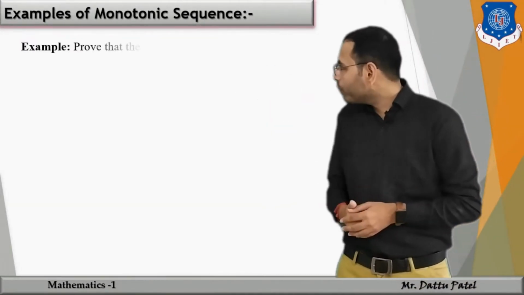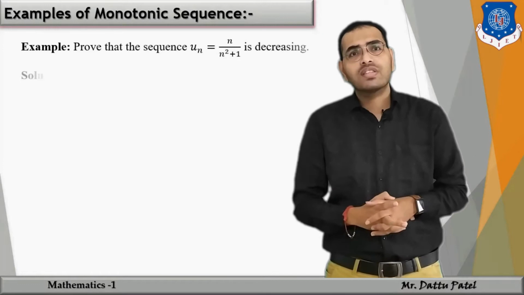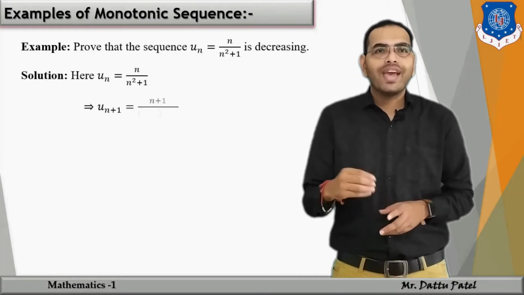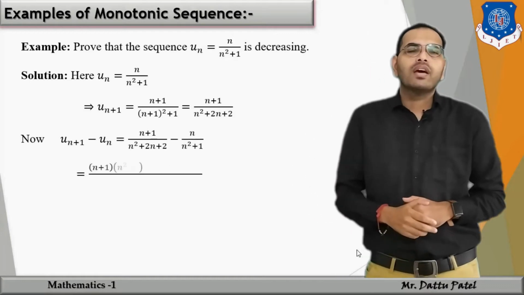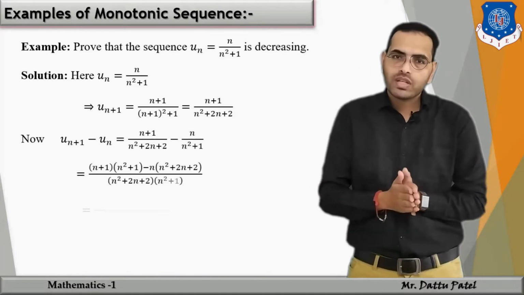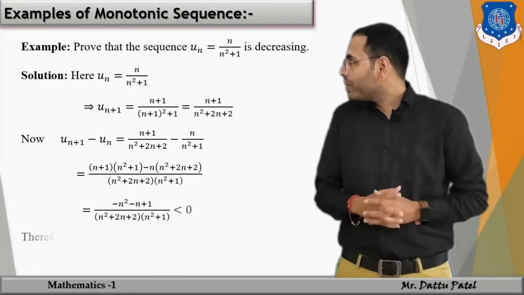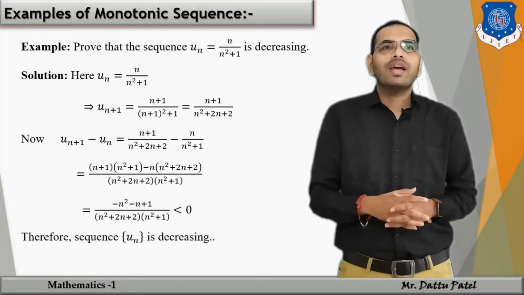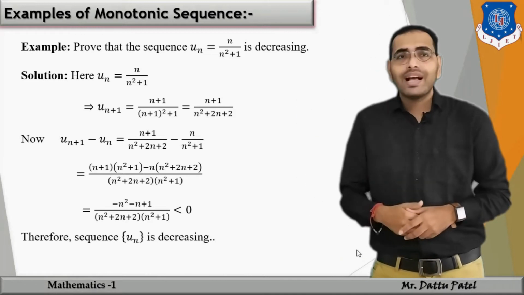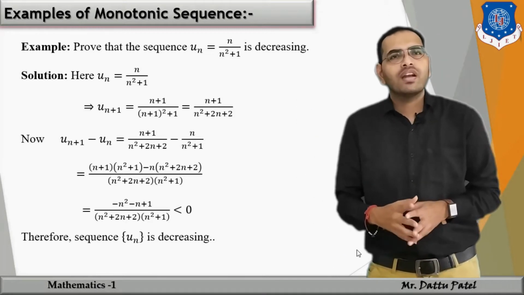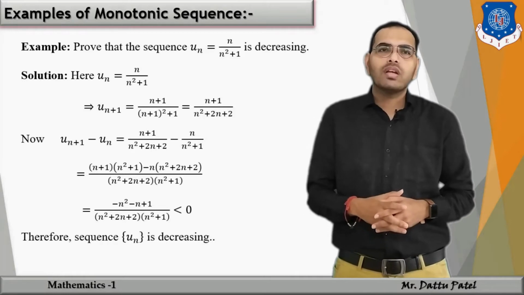Let's see one more example of a monotonic sequence: u_n equal to n upon n square plus 1, is it decreasing or not? Here u_n equals n upon n square plus 1. Now substituting n as n plus 1, we get n plus 1 upon (n plus 1) whole square plus 1. With the help of the basic algebra formula, we get n plus 1 upon n square plus 2n plus 2.